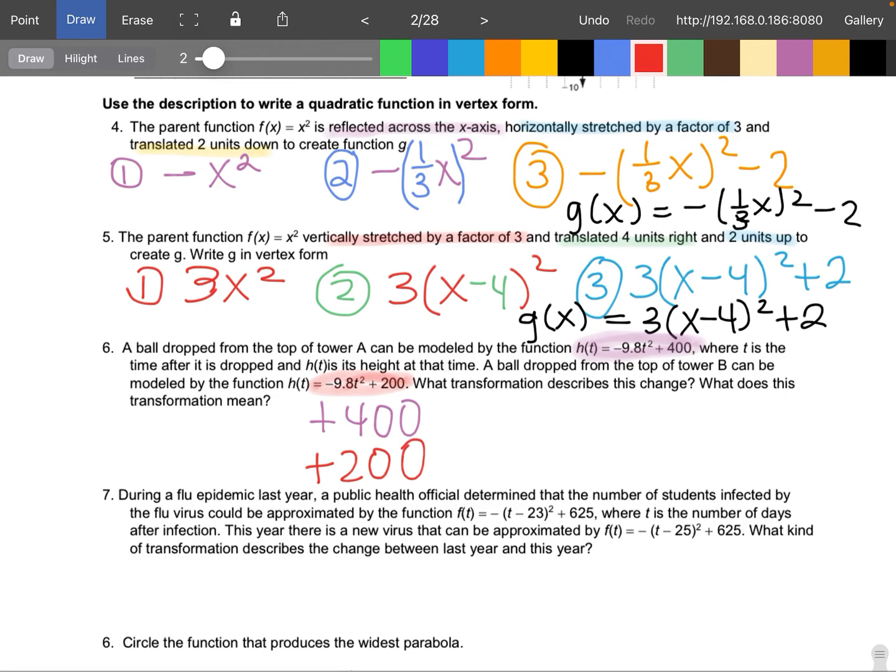Adding something at the very end is a vertical translation. What the first one meant is you were dropping it from a tower at 400 feet. The second one, you were dropping it from a tower at 200 feet. So what transformation describes this change? You went down, which is a vertical shift, down 200. From 400 to 200, you went down 200. And again, that's a vertical shift.